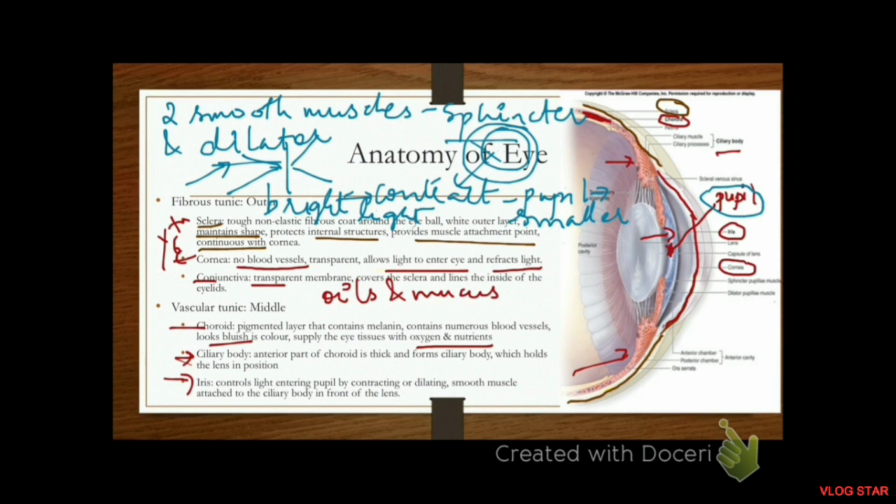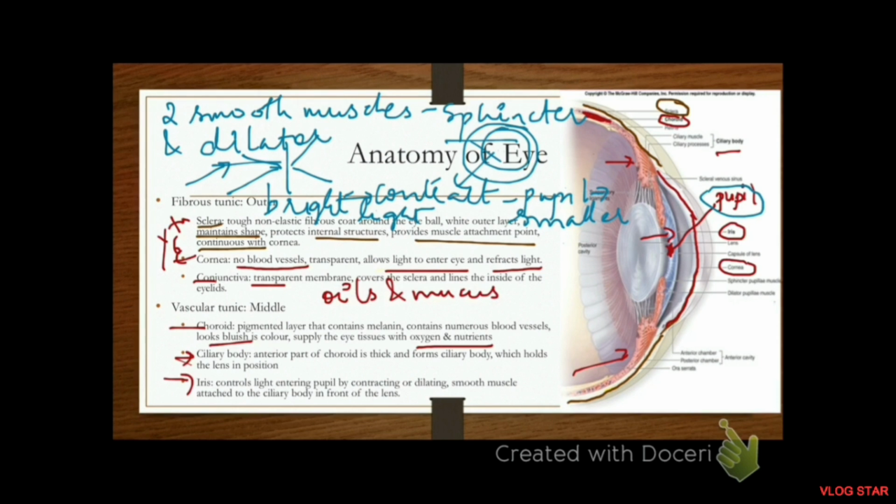So when the pupil widens up, it will allow more light to enter in, so that you can see clearly even in dim light, right?